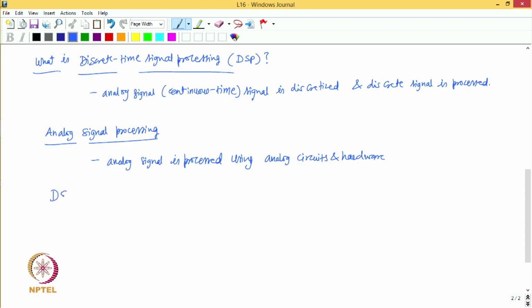In DSP, which is digital signal processing or discrete time signal processing, microprocessors are used, which are based on digital circuits. These processors have high speed and are programmable.